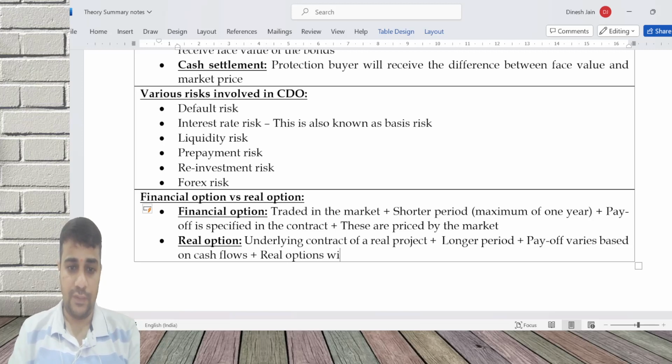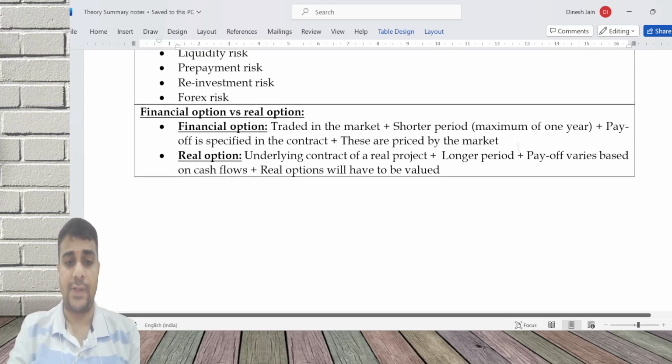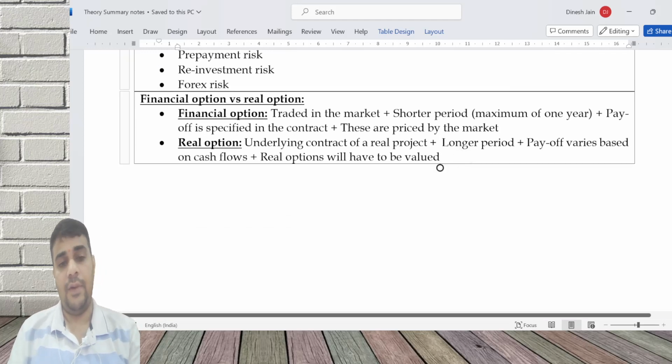Real options will have to be valued. There's no pricing of this in the market, you'll have to value them.